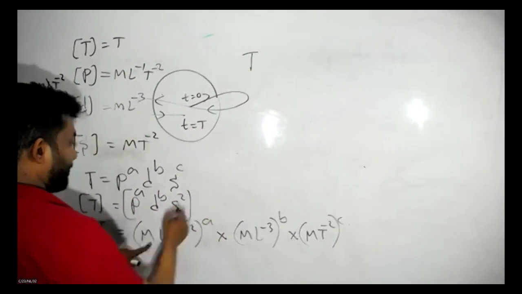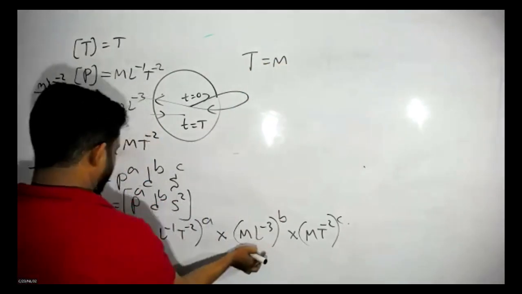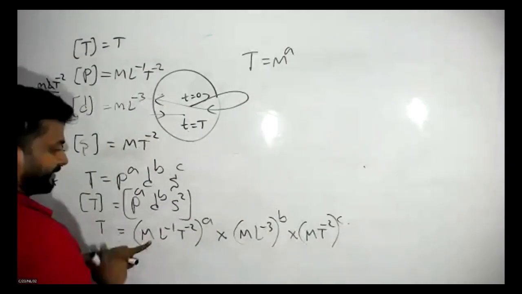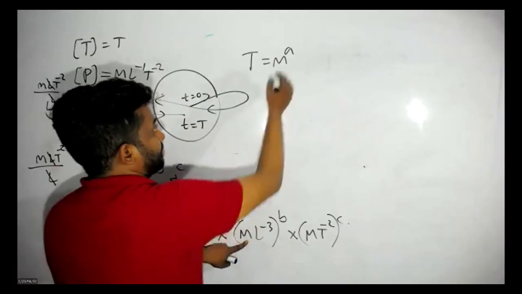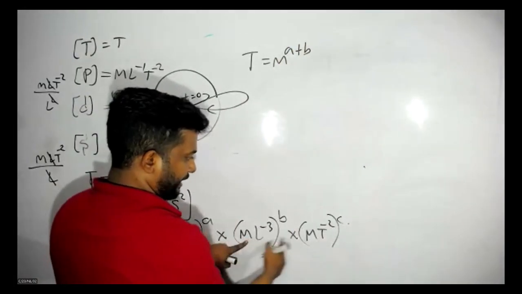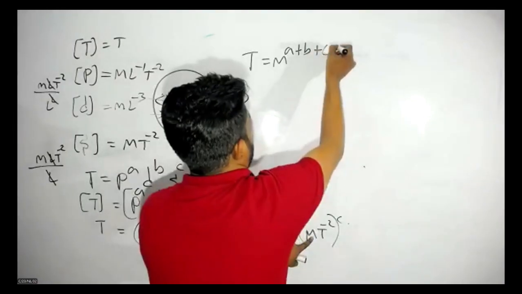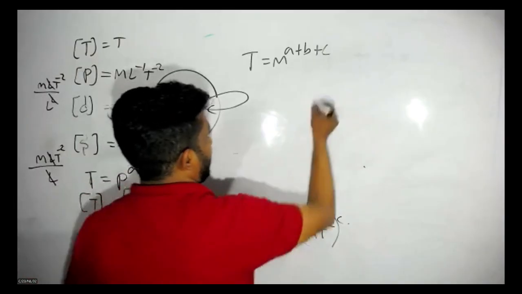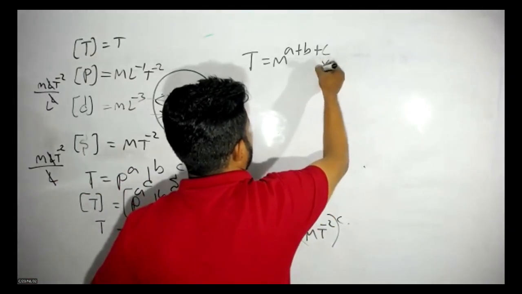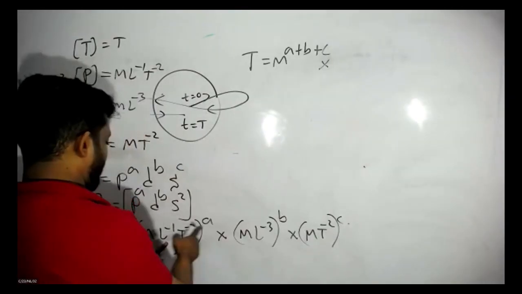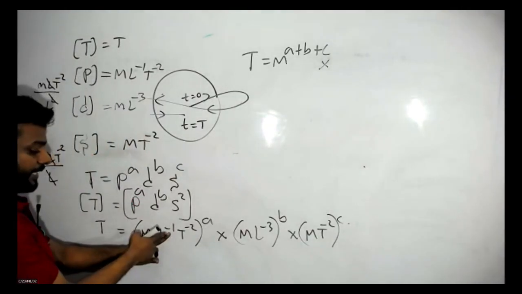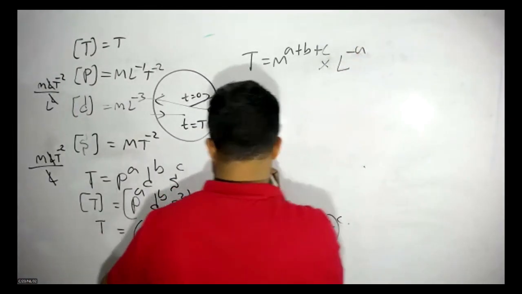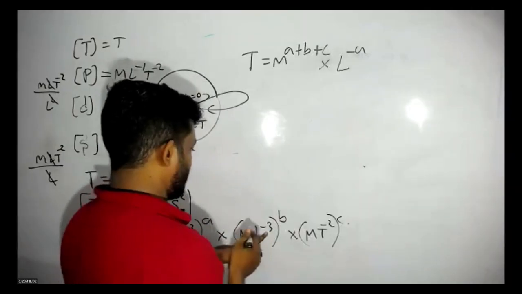Dimensions of M at this side: M to the power A, then M to the power B, and here M to the power C. Then consider the dimensions of L at the right side. Here A multiplied by minus 1, so minus A, and this one minus 3B.